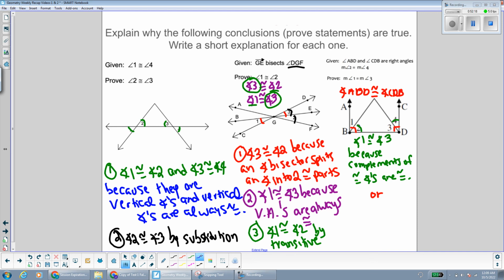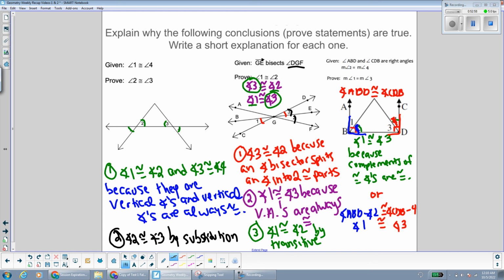So knowing that, we can take angle ABD and subtract from it angle 2. So ABD is the right angle. If we take away angle 2, we're left over with angle 1. And if we take angle CDB and we subtract away from it angle 4, we're left over with angle 3.